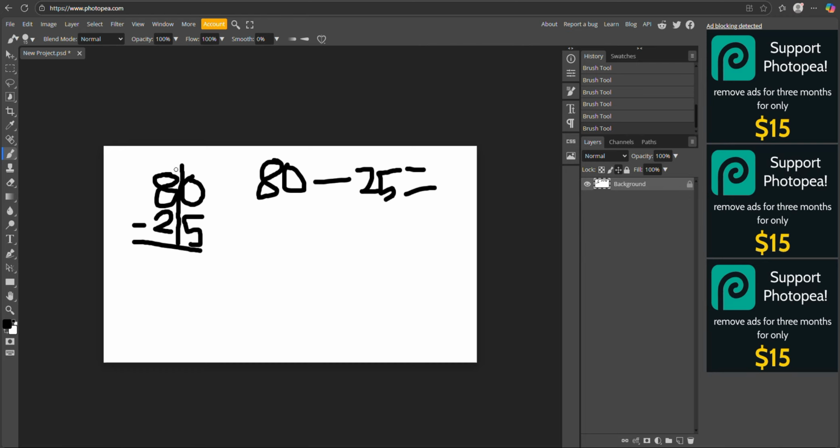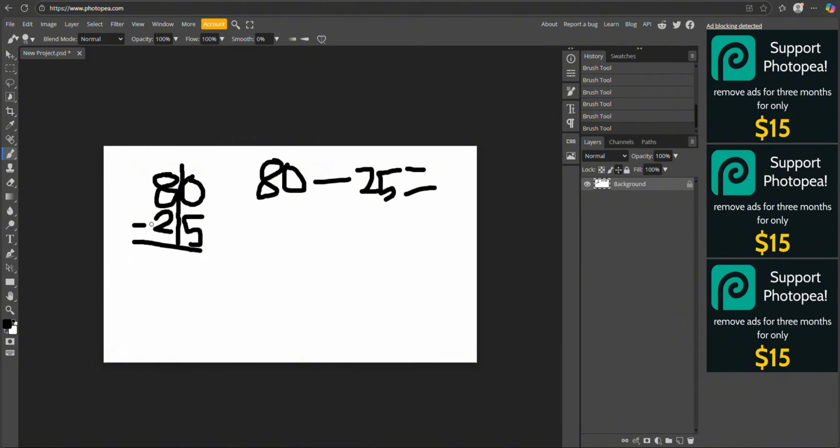Our first step in this method is pretending like the big number is actually a small number, like 80 is 8 and 0. That's an easier way, because you can think of this as a 1s place, and I know how to subtract 1s.